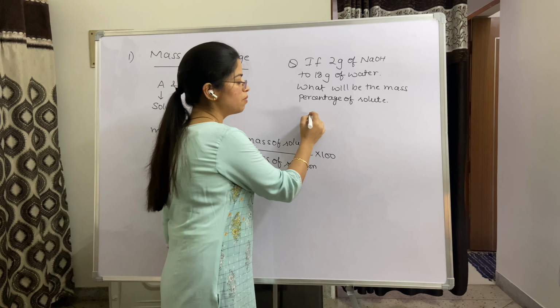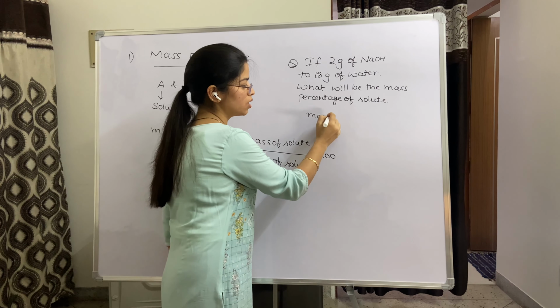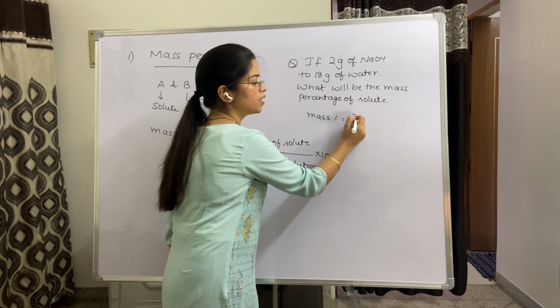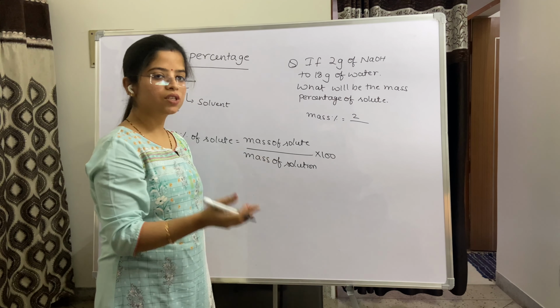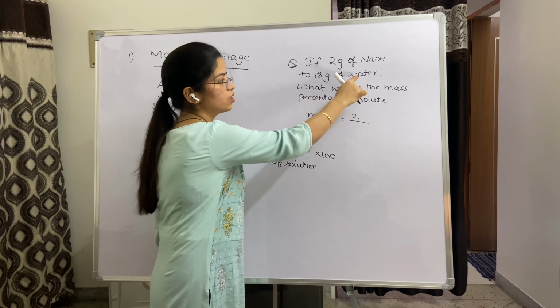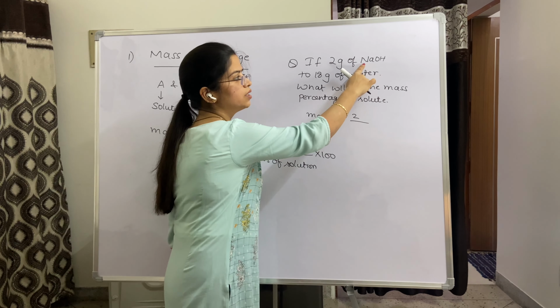To calculate the mass percent of the solute, it will be equal to mass of solute, that is 2 gram, over the mass of solution, that will be equal to 18 plus 2, because this is the solvent and this is the solute.